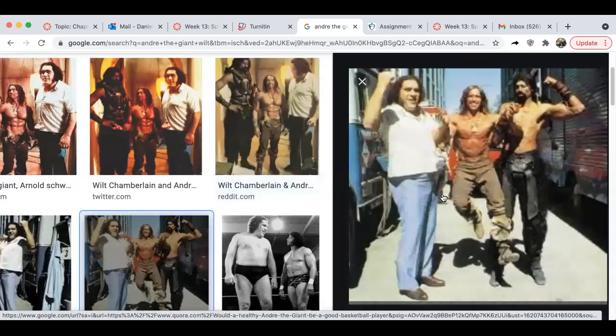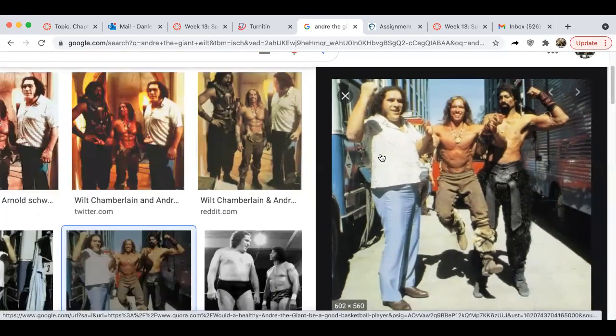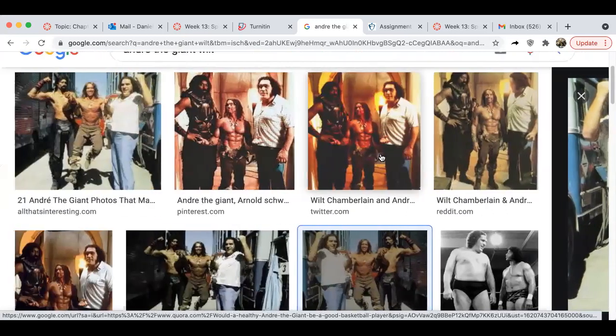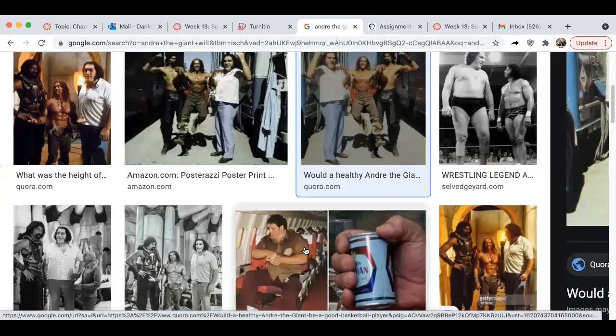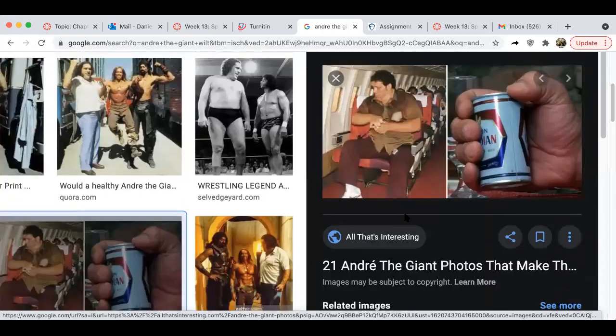And here's another funny picture. But you're seeing that Andre's physical features are larger. In fact, everything is larger, including his liver, which was good because he was actually a raging alcoholic. Like, he was known to drink like 140 beers at one time. Yes, cans of beers. So having that larger liver probably helped him survive that. This is him on an airplane, well, seats.